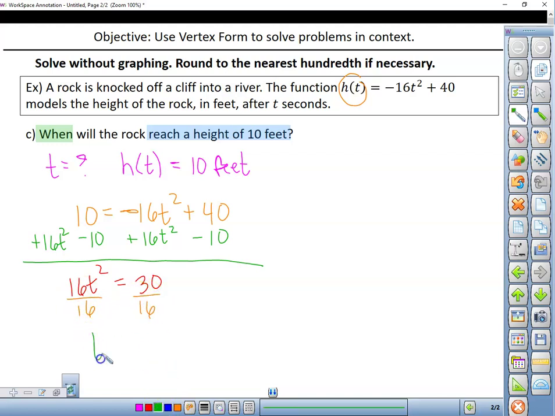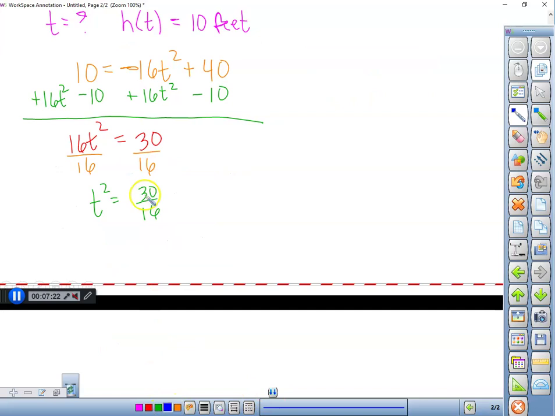And now I've got t squared equals 30 divided by 16. Now I can take my square root. Again, if 30 divided by 16 is a nice terminating decimal, you can use the decimal. If it's not, use the fraction of 30 over 16, but there's no reason to reduce because we're going to be using a calculator.